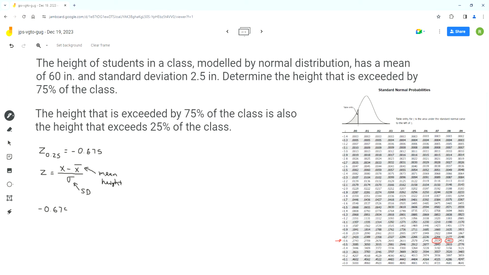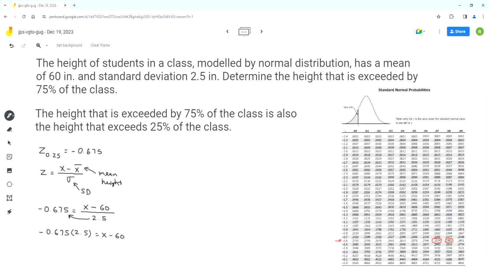So z, which is negative 0.675, equals x minus 60, where the given mean is 60 inches, divided by the standard deviation, 2.5. So this is the equation we have to solve to find the height. The first step is to cross multiply by 2.5. So we get negative 0.675 times 2.5 equals x minus 60.